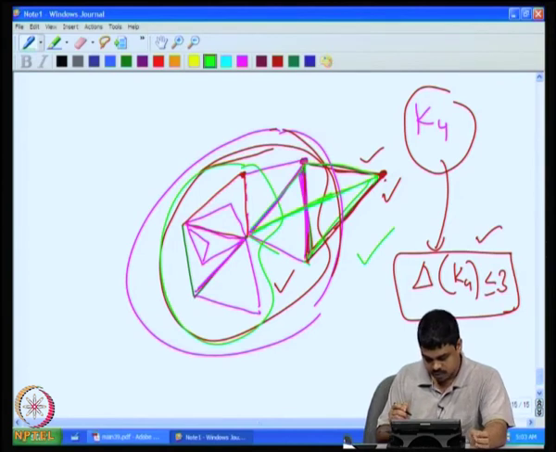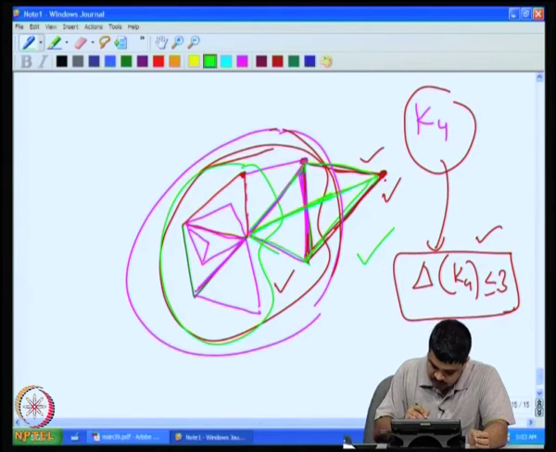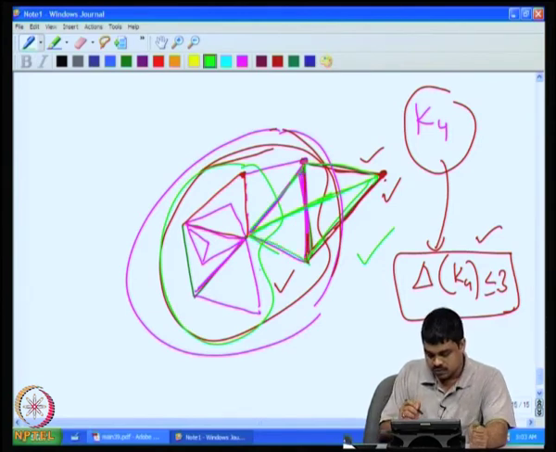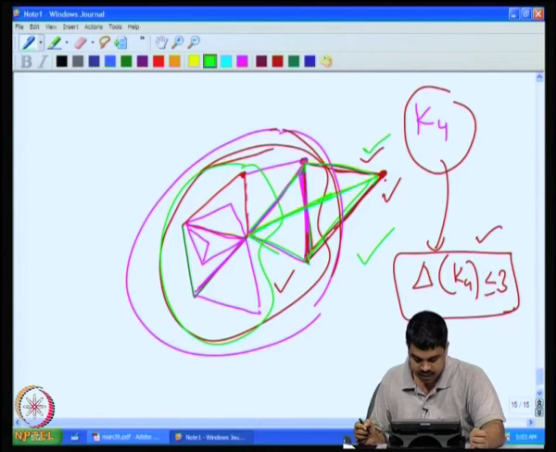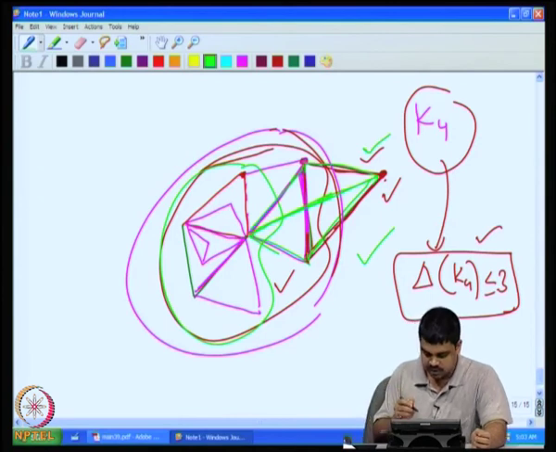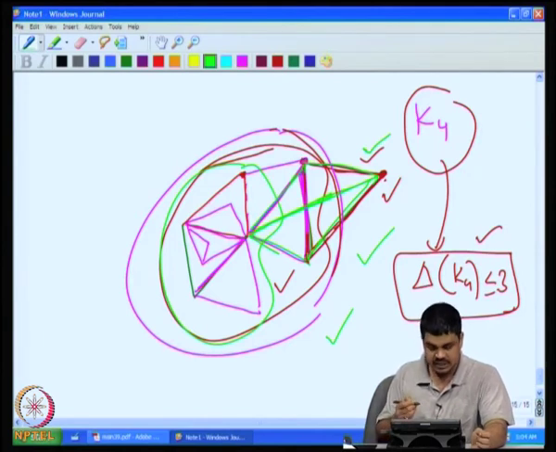Because there should be some connections between this and this here, and then also there is some connection here. So, we cannot add any edge without introducing a K4 minor. So, therefore, these are edge maximal K4 minor free graphs definitely, but that is not the key issue.